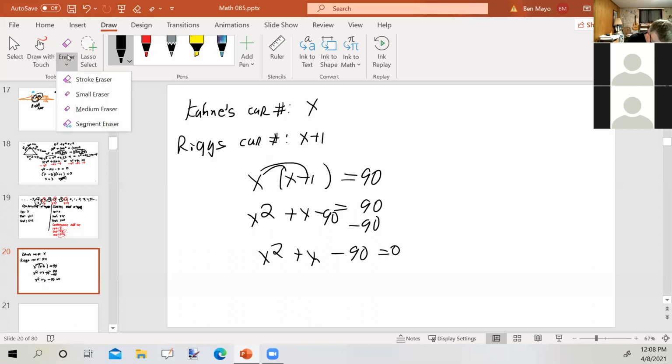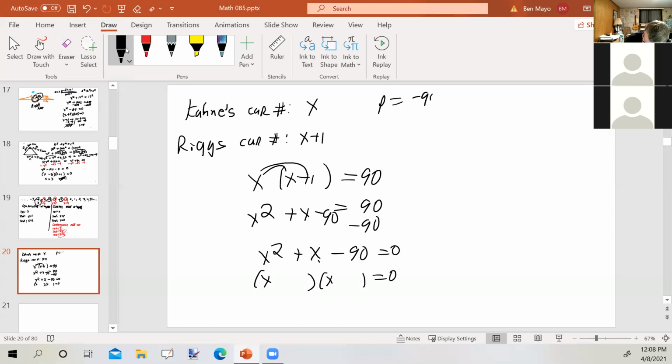That's a pretty sad looking x, I'll admit. Factoring, we need a product that's negative 90 and a sum that's positive 1. How about 10 and negative 9? So x is going to be negative 10 and x is going to be positive 9, isn't it? Okay there?